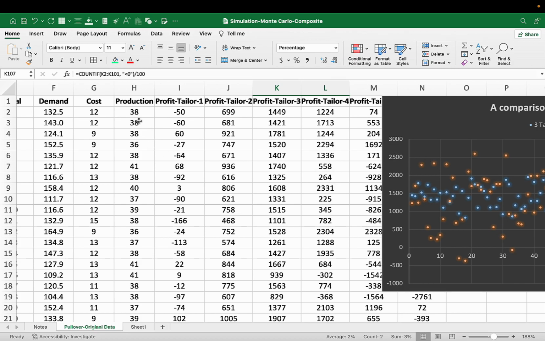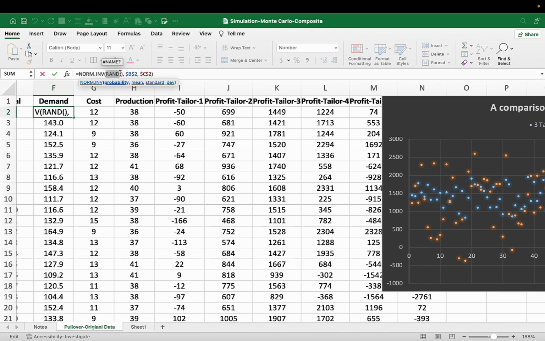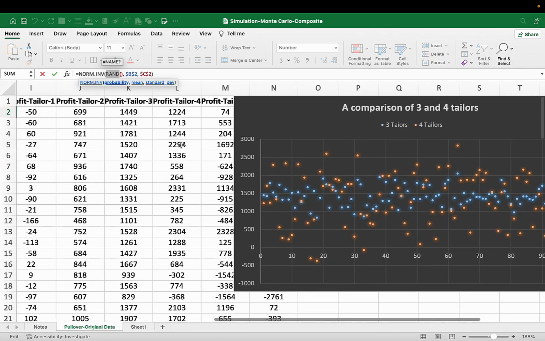And in those 100 experiments, every time we used a different value of probability. So you see here this RAND function. So every time we are using a different value of probability. Therefore they are all distinct experiments, and based on that we made this decision.